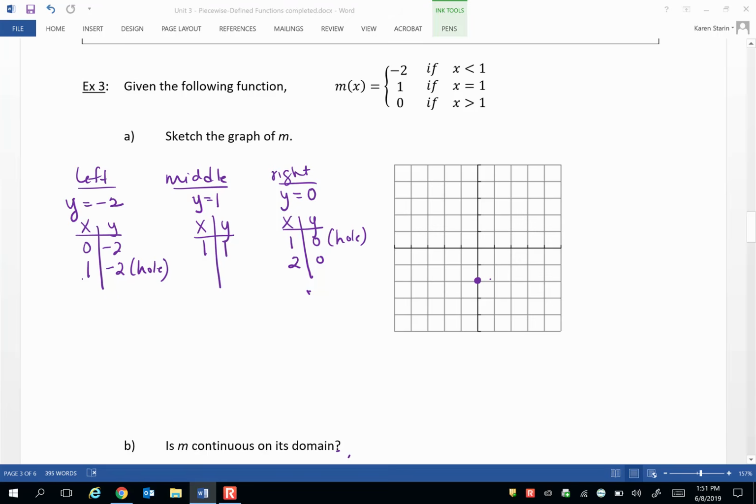I need another point to construct a line, but it's going to be this hole that I put in my table at 1, -2, and then this is where I draw for all values less than 1 and indicate that I go on forever to -infinity with an arrow. And then I have the point 1, 1. That's our middle piece, and that's it. It's just that single point.